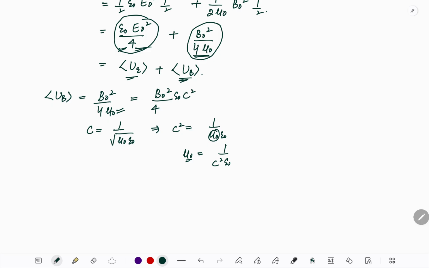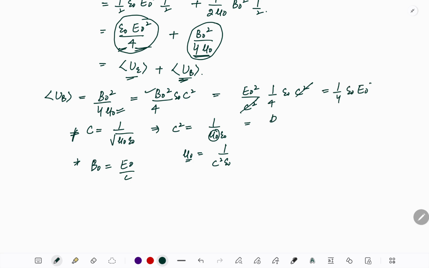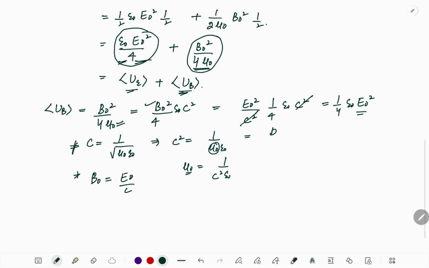We also know that B naught is E naught by c. Substituting that, we get E naught square by c square over 4 epsilon 0 c square, and the c square cancels, so it becomes 1 by 4 epsilon 0 E naught square. Isn't it this thing?